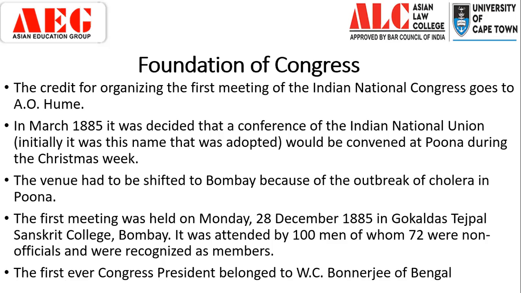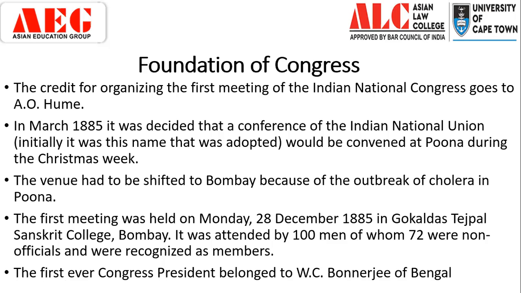The venue had to be shifted to Bombay because of the outbreak of cholera in Pune, and thus the first meeting was held on 28 December 1885 in Gokuldas Tejpal Sanskrit College, Bombay. It was attended by 100 men, out of whom 72 were non-official and were recognized as the members. W.C. Banerjee of Bengal was the first Congress president.